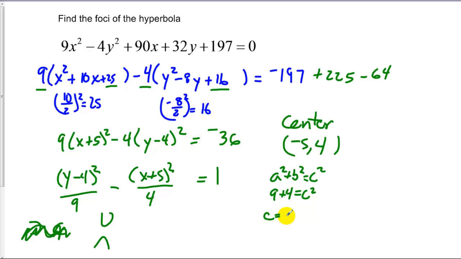Therefore, c is equal to plus or minus root 13. And I'm going to move root 13 in an upwards and downwards direction from my center in order to get my focal points. So foci are at negative 5 and 4 plus or minus root 13.